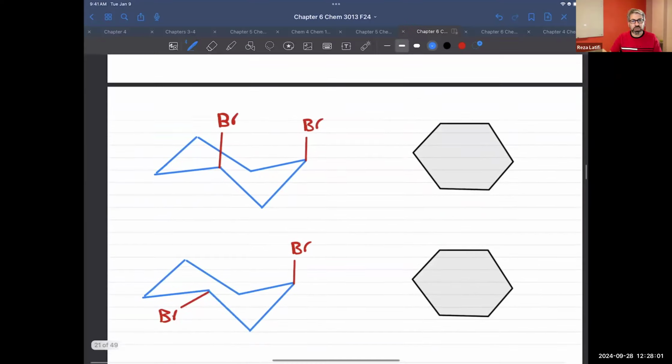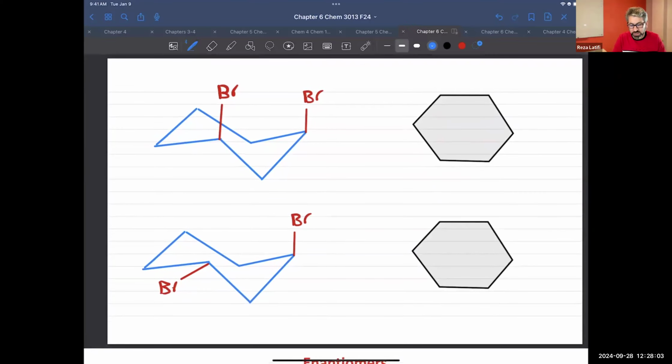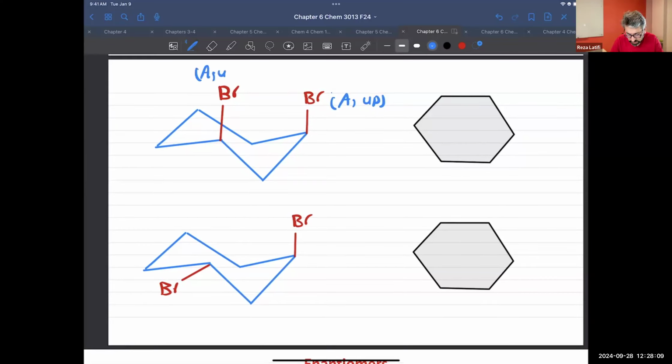Okay. More examples. We have this one, axial up. So one here is up, and that one is also up. Okay, can I find a plane of symmetry? Yes, where is the plane of symmetry?